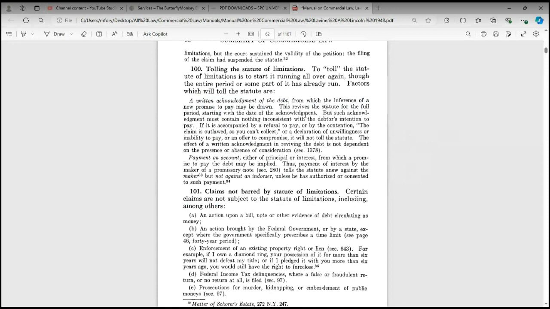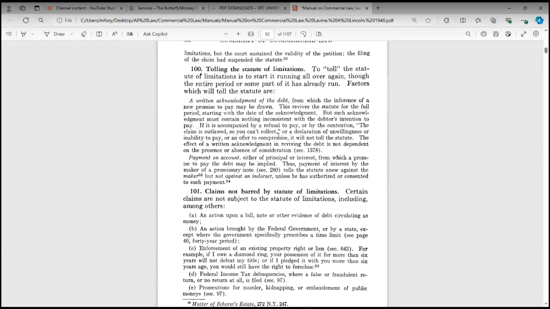This revives the full period of the statute, but the acknowledgement must contain nothing inconsistent with the debtor's intention to pay. If it is accompanied by a refusal to pay or by the contention that the claim is outlawed, so you can't collect, or a declaration of unwillingness or inability to pay, or an offer to compromise, it will not toll the statute.